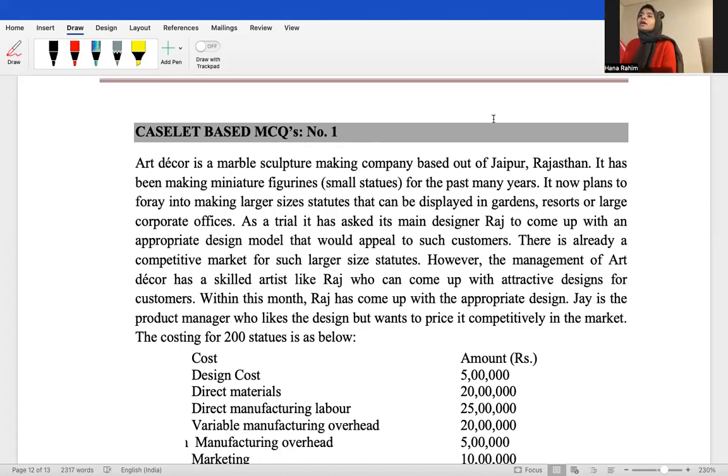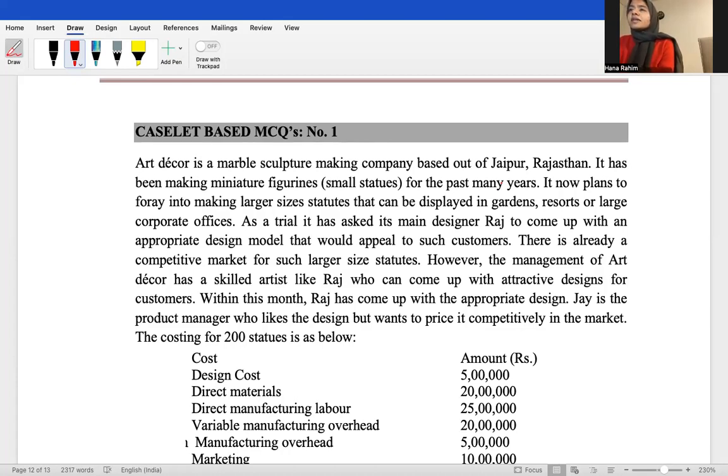Art Deco is a marble sculpture making company based out of Jaipur, Rajasthan. It has been making miniature figurines for the past many years. It now plans to foray into making larger size statues that can be displayed in gardens, resorts, or large corporate offices.